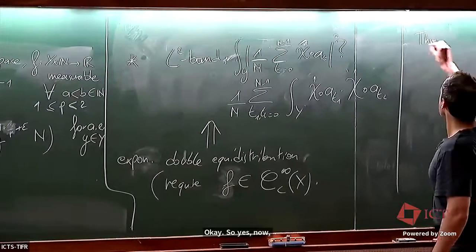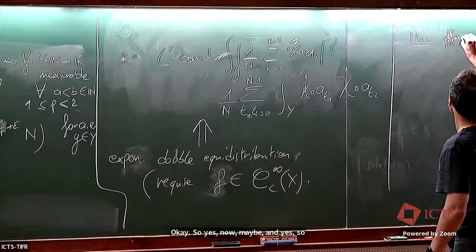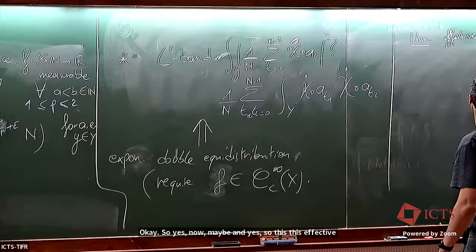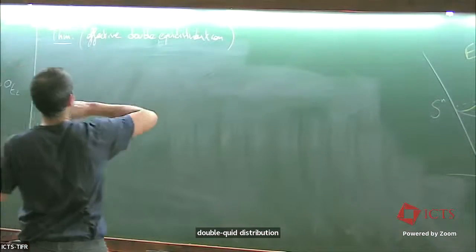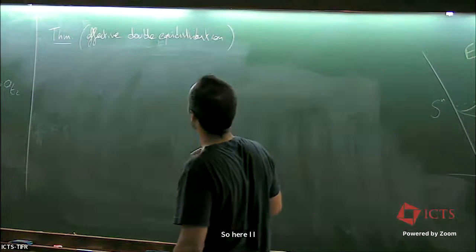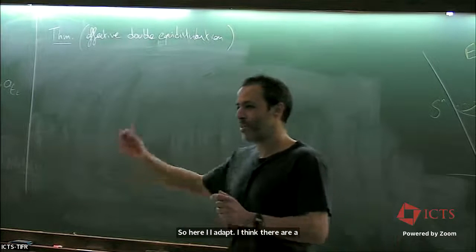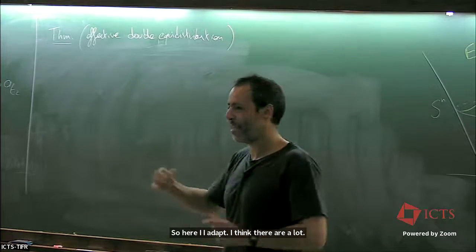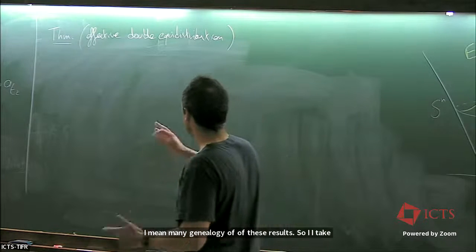So this effective double equidistribution: I think there are many genealogies of these results, so I take maybe the most general one I can use in my context.